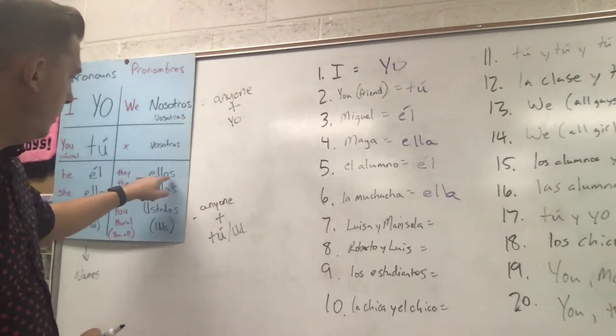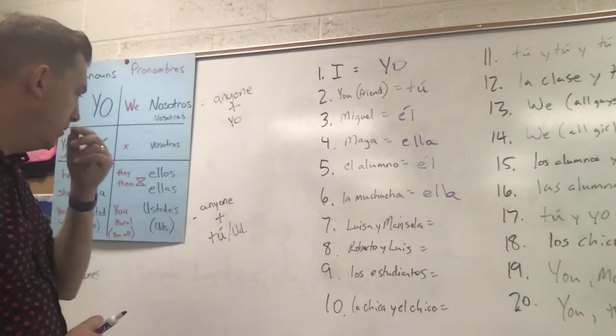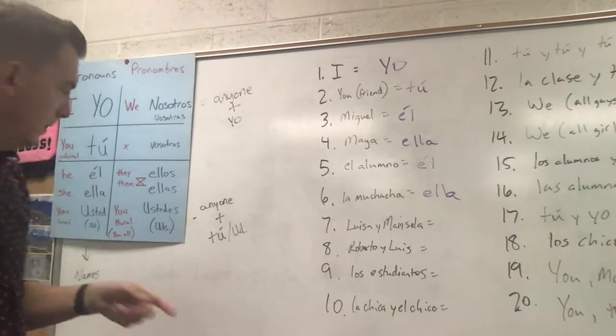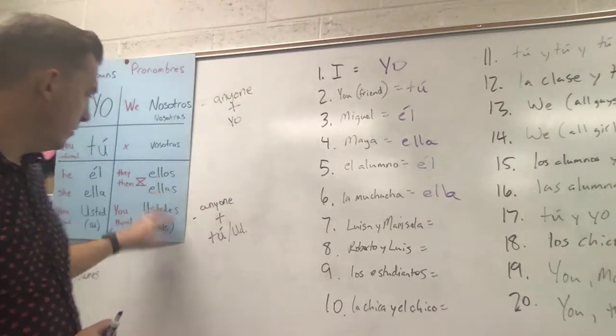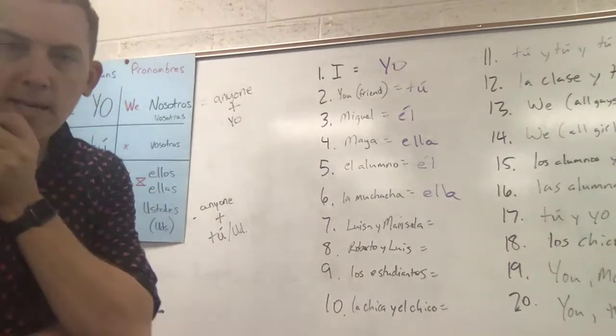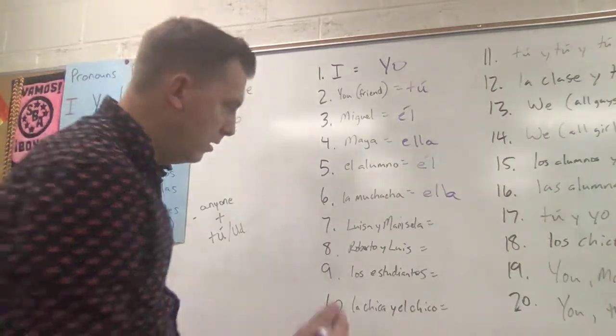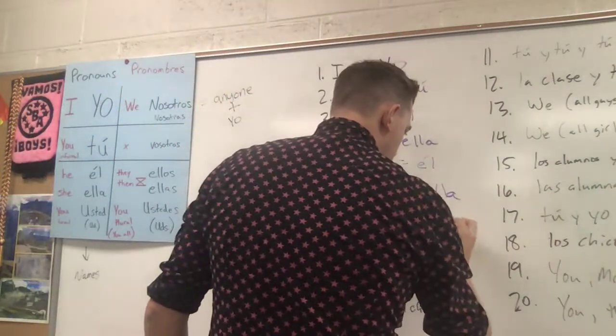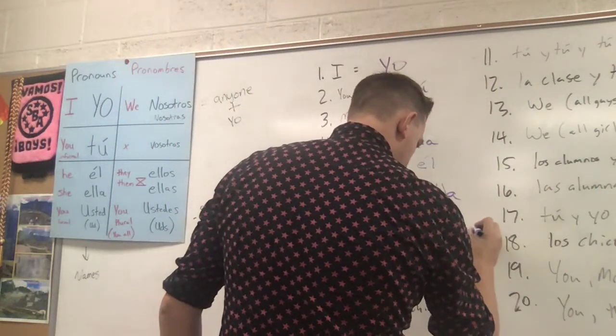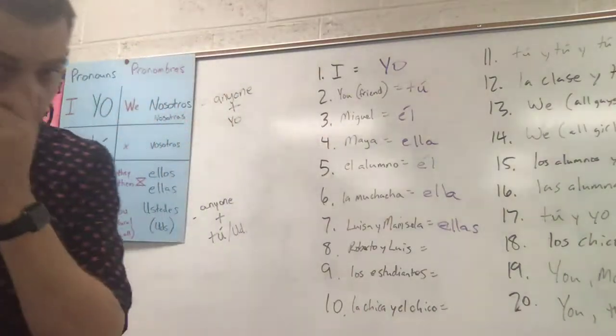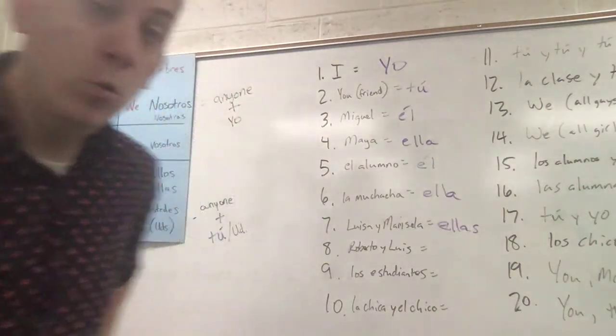Is it tú or usted? No, so it's not going to be, it's either going to be ellos or ellas. Luisa y Marisela. They're females. So we're going to put ellas.